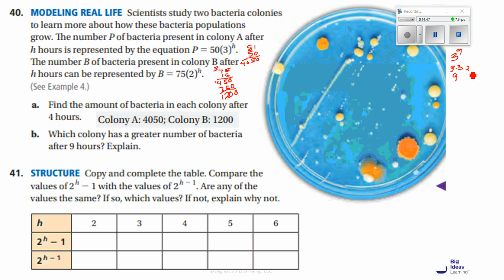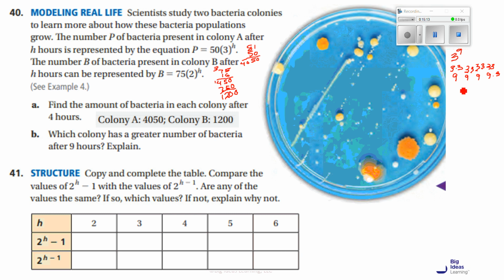Then 2 more will be another 9. 2 more will be another 9. And remember, we just have 6 of them here. So when I add 2 more, this would be 8. And then we'll be multiplying that to 3.